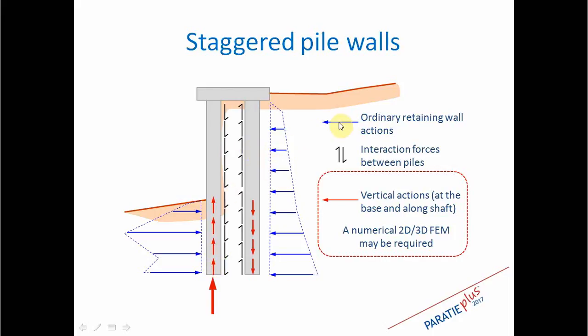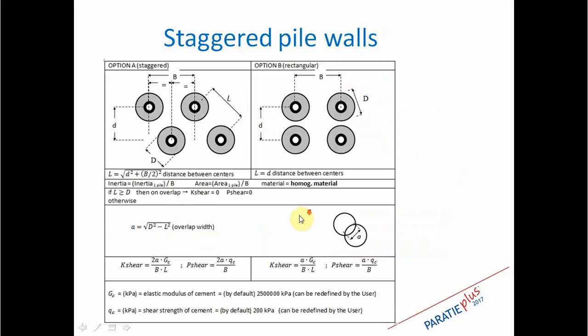Well, while the blue and the black action can be somehow modeled and captured by a program like PARATIE PLUS, of course, if the behavior is also dictated by vertical behavior of single piles as vertical piles, a more advanced numerical model is normally required.